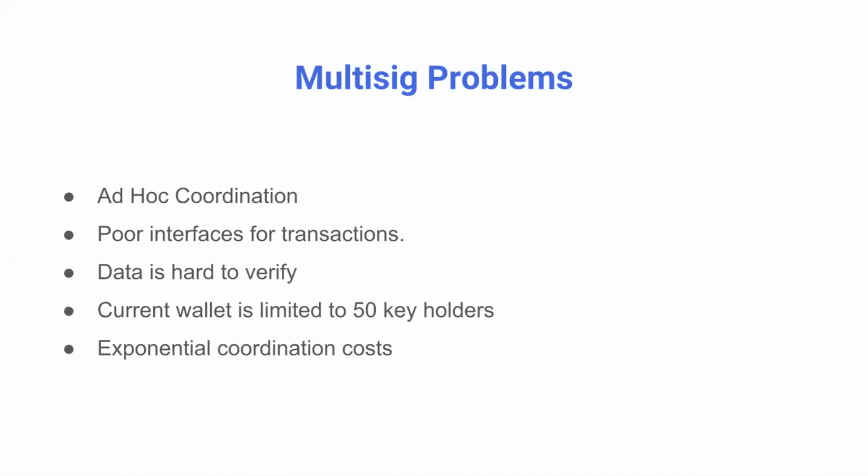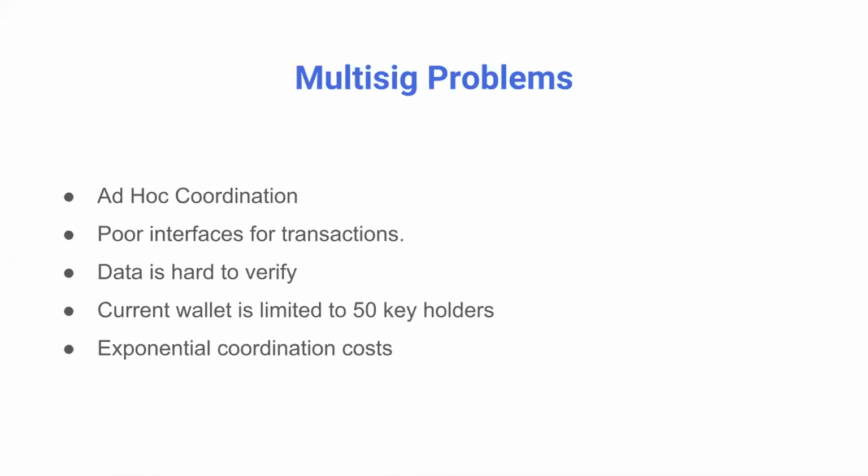Effectively, in order to create a transaction in a multi-sig wallet, someone has to create the transaction, much like you might in MetaMask or inside the Status wallet. But unlike those wallets, the transaction doesn't immediately go through. It's pending, waiting on additional confirmations, and once those confirmations come through, it can be executed.